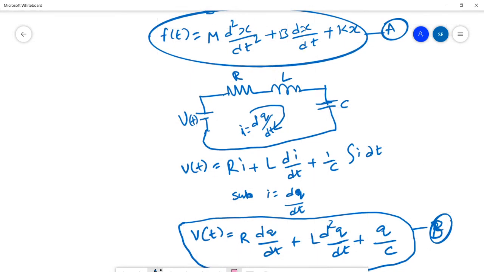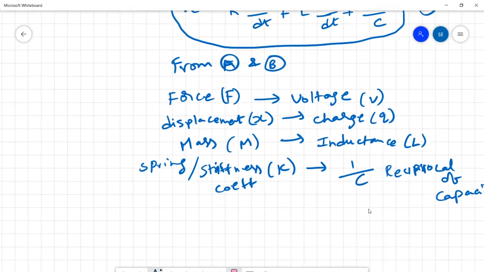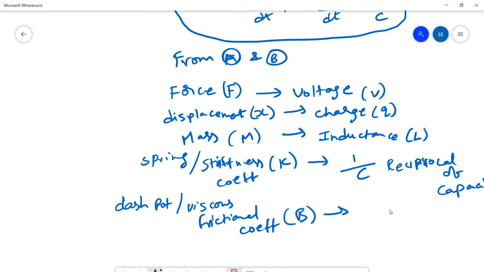See, the derivative term, the single derivative, has coefficient R here and coefficient B here. So the analogous term of R is B. So in mechanical, the dashpot, or we can call it the viscous frictional coefficient B, is analogous to resistance R.